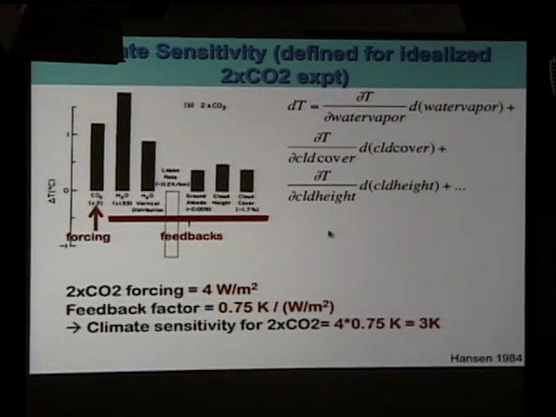So what we have from the calculation is that the major feedback is in the water vapor increase. Okay, so this is the CO2 effect. The major forcing is in the water vapor, and not only in the amount of water vapor, but where the water vapor is. Water vapor in the upper troposphere would trap the energy, and so there's less energy going out to space, so it would contribute to warming.